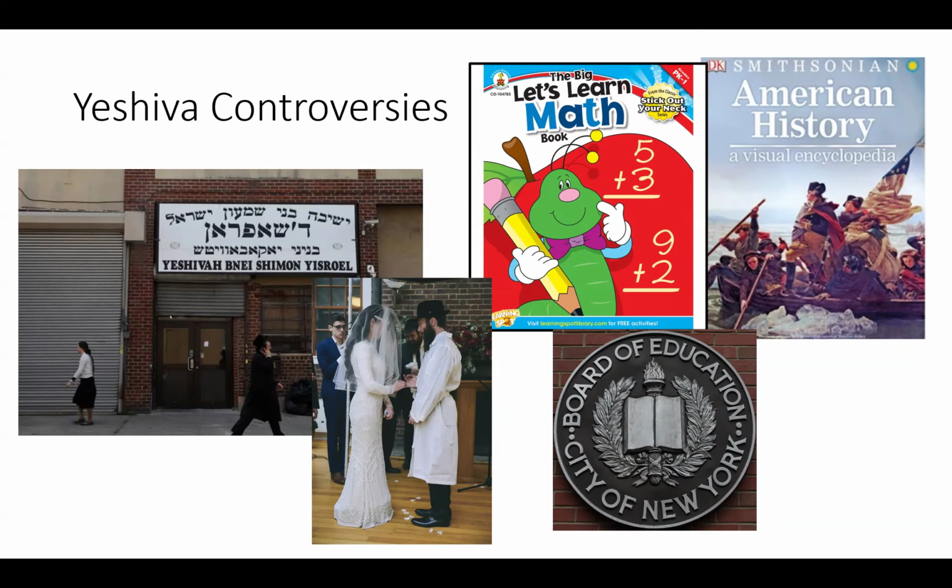They only do religious education. This is a constant ongoing controversy. Some members of the Board of Ed, some mayors have tried to force the Orthodox Jews to follow the law, but most of these rabbis say that we follow Jewish law. We don't follow the laws of New York City.